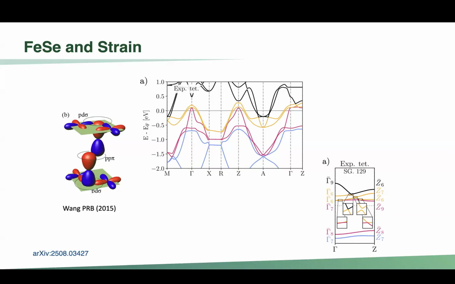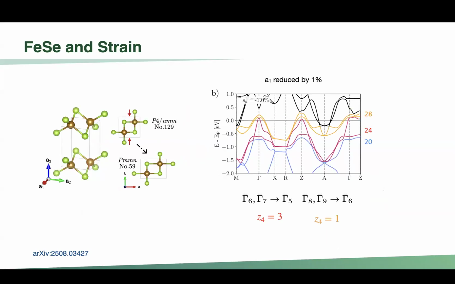And if we analyze the case of iron selenium and the bands around the Fermi level in the gamma-C direction where topology could happen, we see that there are many protected crossings. But these protected crossings are protected by the same combination of symmetries, the one that relates A1 and A2.